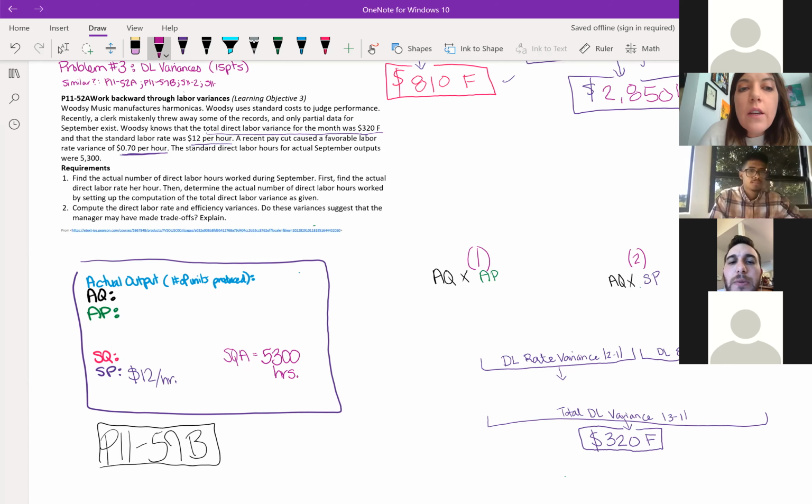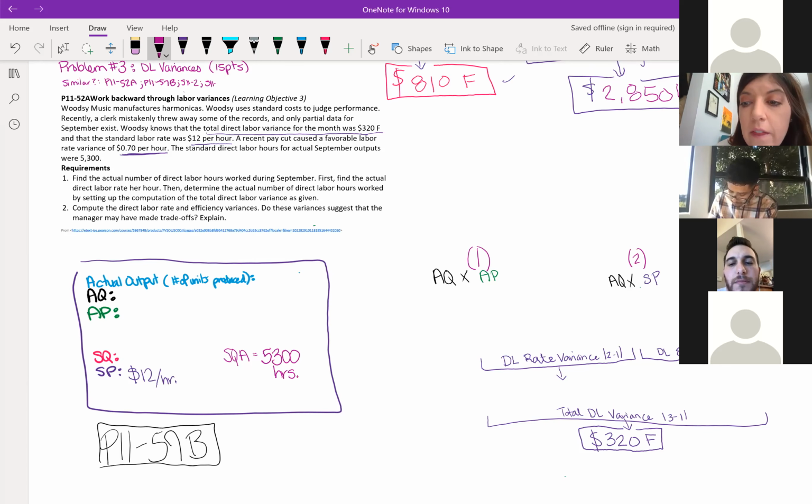Because the standard quantity is a number of hours per unit. They didn't give us the units. They told us the hours based on actual output, so they already did that multiplication for us. They already figured out the standard quantity allowed, which is the 5,300 hours.